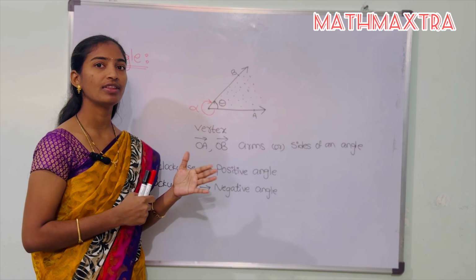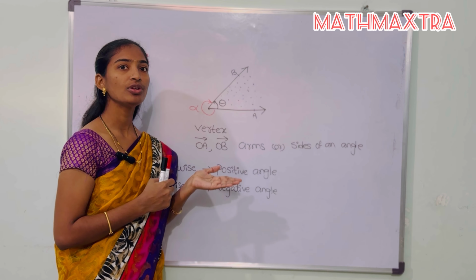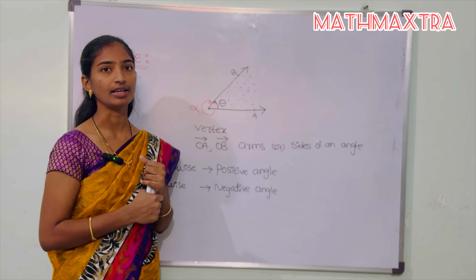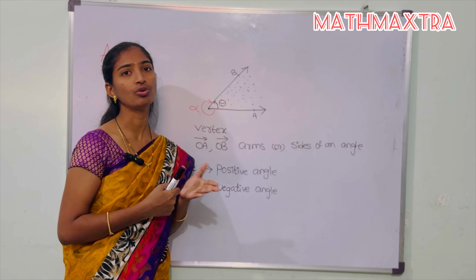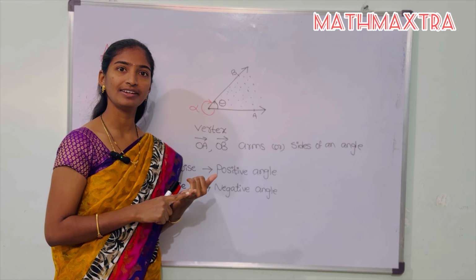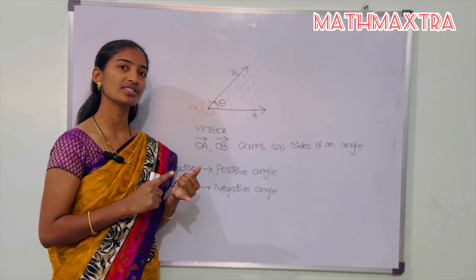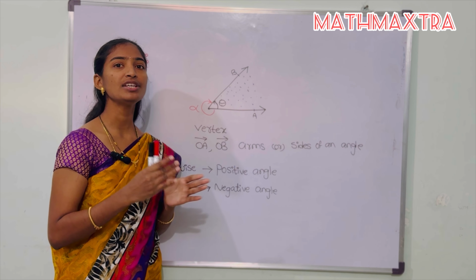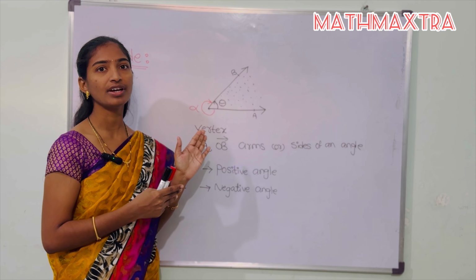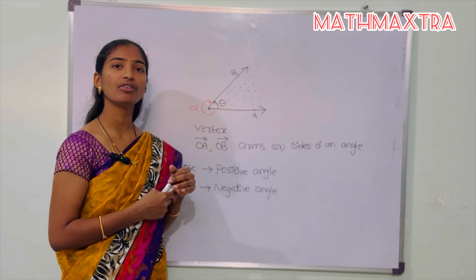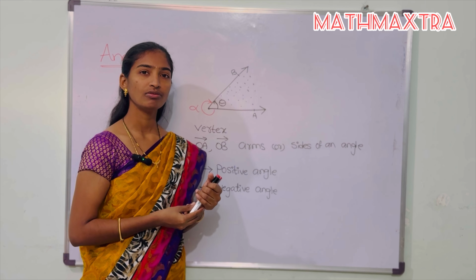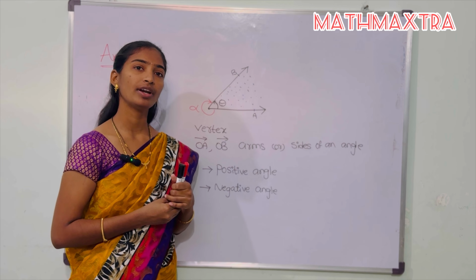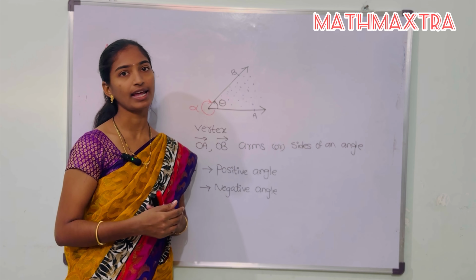Depending on the situation, we use different units of an angle. First of all we should know what is degree, what is grade and what is radian. Based on these units, we classify the measuring of an angle into three types. Now we'll discuss different methods of measuring an angle.